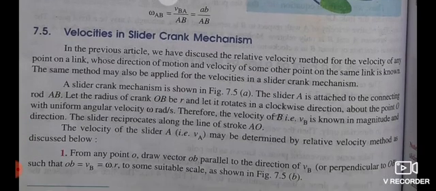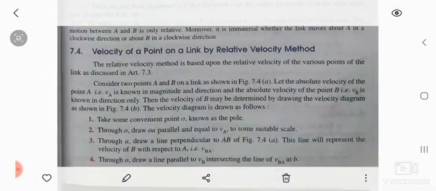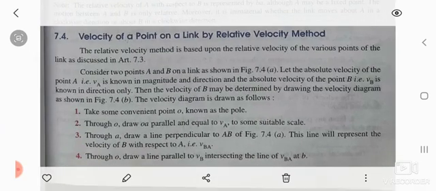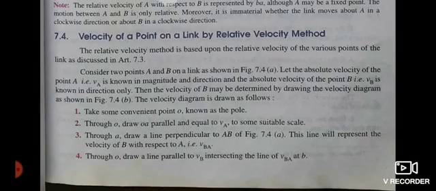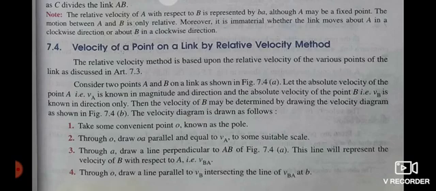Next point, velocities in slider crank mechanism. If we start with the slider crank mechanism, but before that we will recap the previous points shown in the figure. Take some convenient point O known as pole, then through O draw OA parallel and equal to VA to a suitable scale.